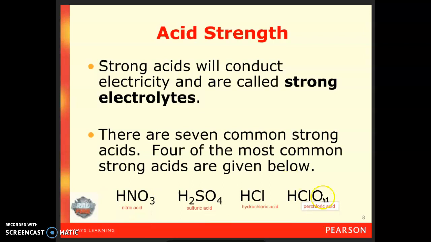So these are 4 of the more common ones. Now there are other ones in here as well, but we're not going to talk too much about them.